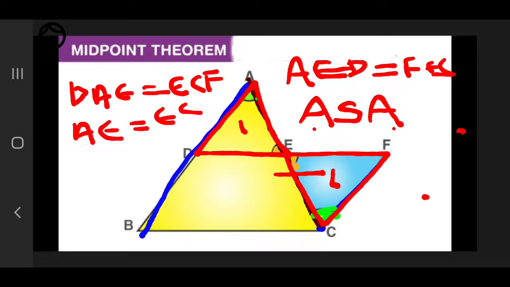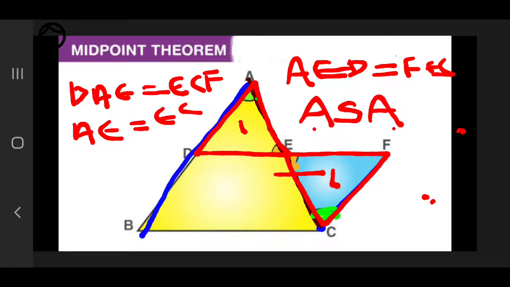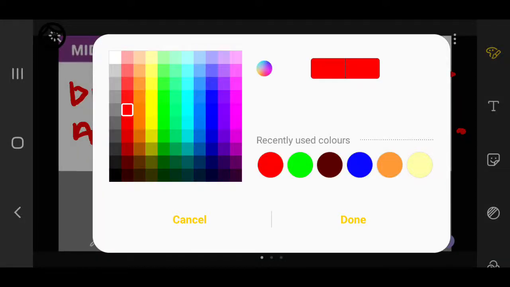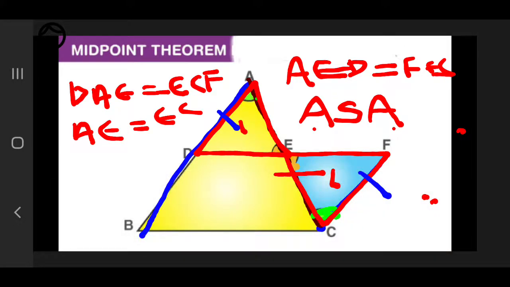Congruent means corresponding angles and corresponding sides are equal. So AE equals EC, DE equals EF, and AD equals FC. Since D is the midpoint of AB, AD equals DB. So FC equals AD equals DB, which means DB equals FC.